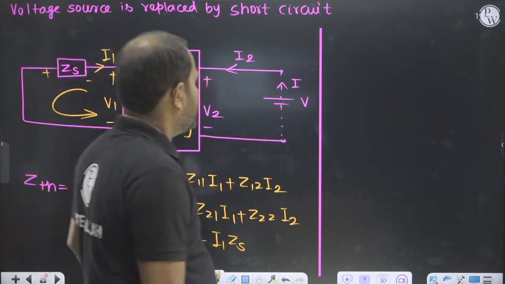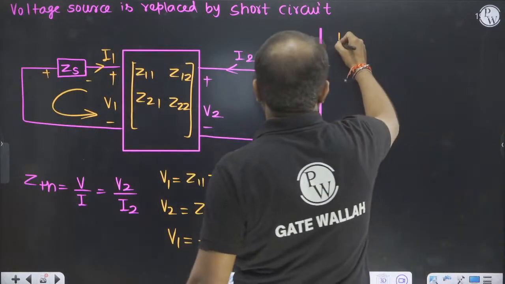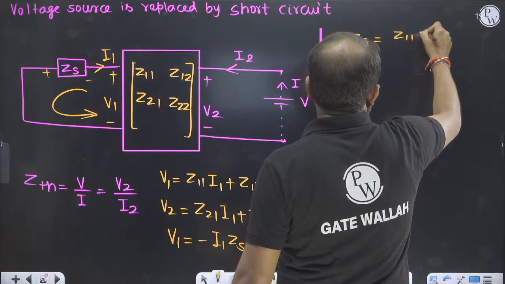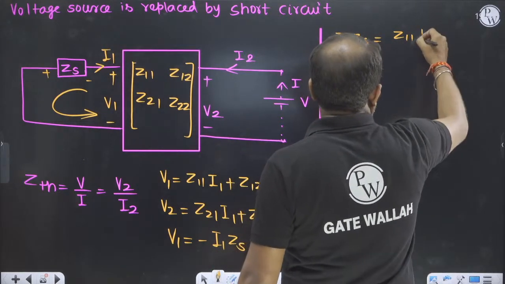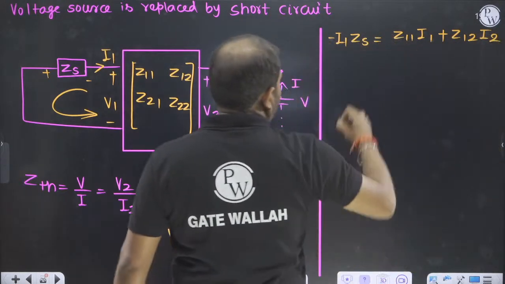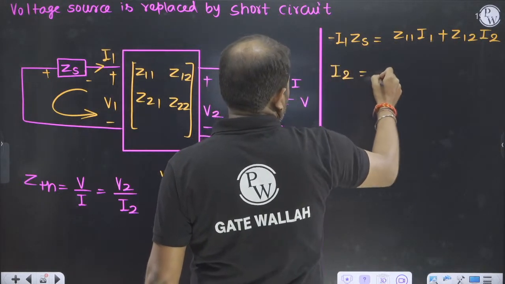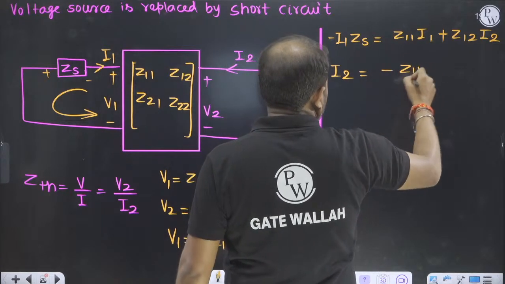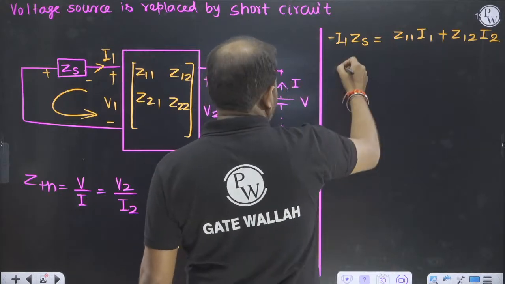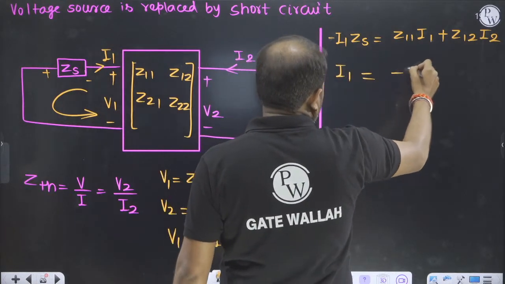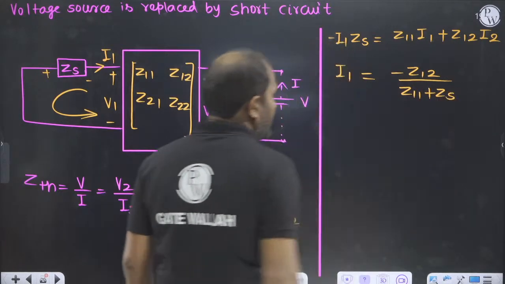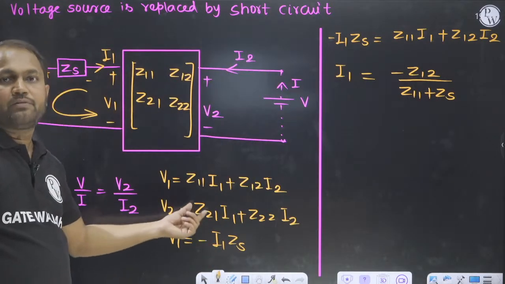Putting it in terms of V1, minus I1 ZS equals Z11 I1 plus Z12 I2. So I1 will be equal to minus Z12 I2 divided by Z11 plus ZS, and I will put I1 in terms of I2 here.